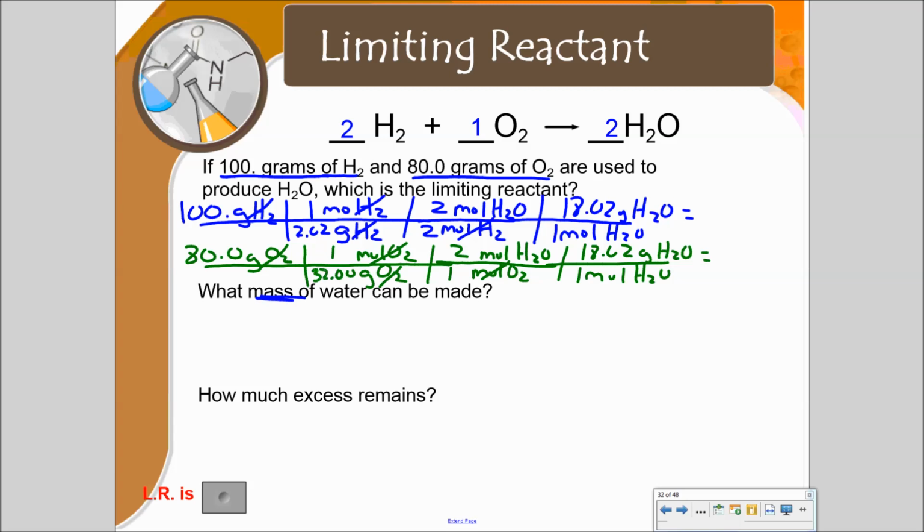All right, so whenever you calculate this, you get, let's see, I have these previously looked up. On this one, you get 892.079, and then on the 80 grams of oxygen, you get 90.1.